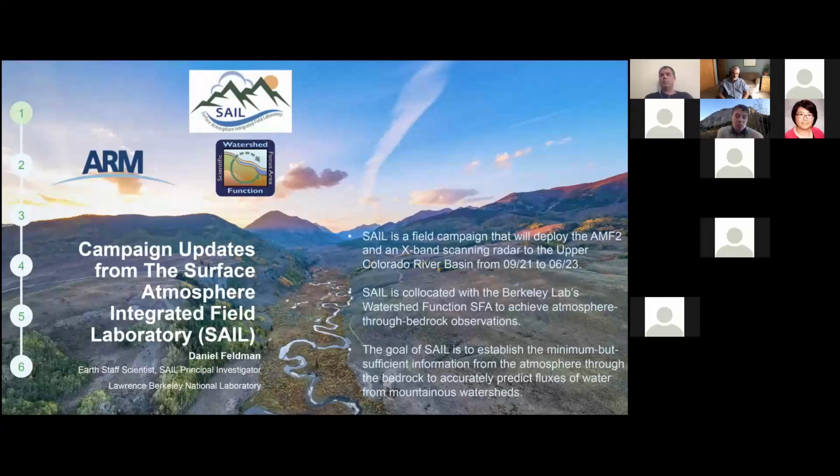This is a really picturesque place, and so once we're out of COVID entirely, I would encourage you to consider coming by and taking a look. There are a lot of science activities and a lot of outdoor activities as well, and that's not to be discounted for developing collaborative science activities. So next slide, please.